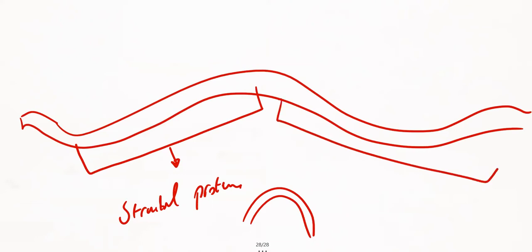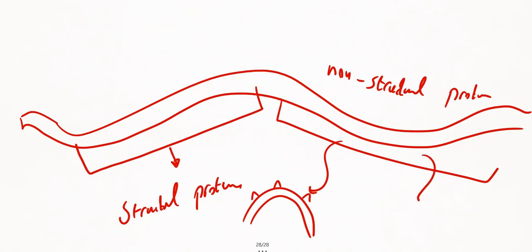And then there are regions that contain non-structural proteins, which can be functional. Some of these proteins can be the spikes, and some of these proteins are proteins that are used to copy RNA from RNA.